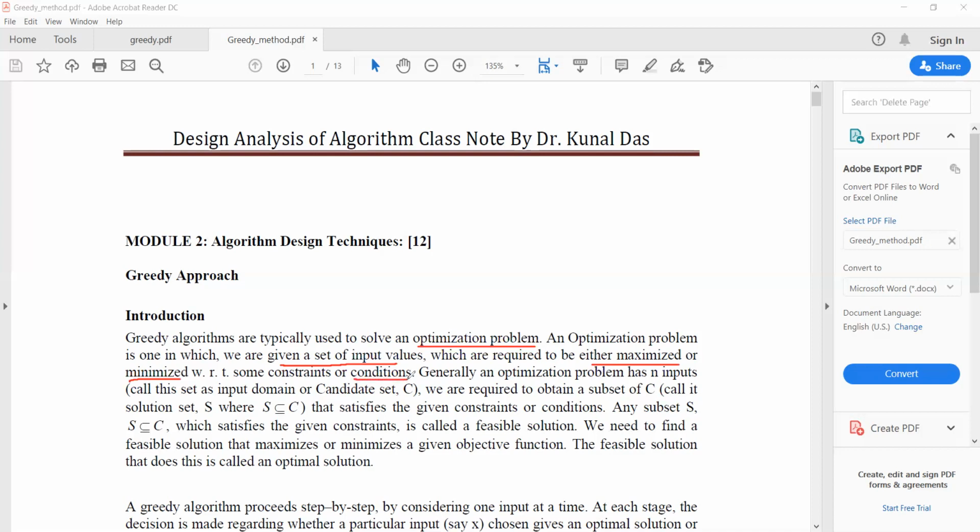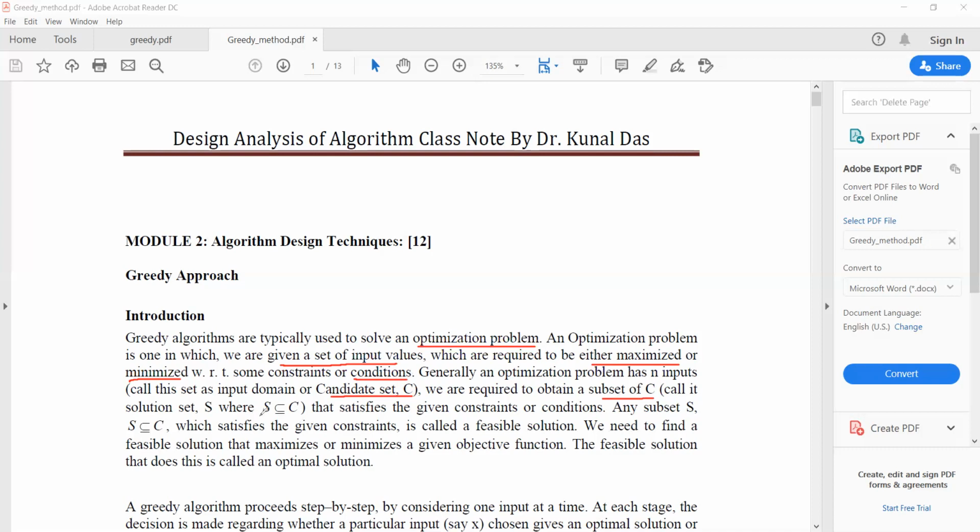Generally, an optimization problem has n inputs called the candidate set or input domain, or simply set C. So we require to get a solution set which is a subset of set C.